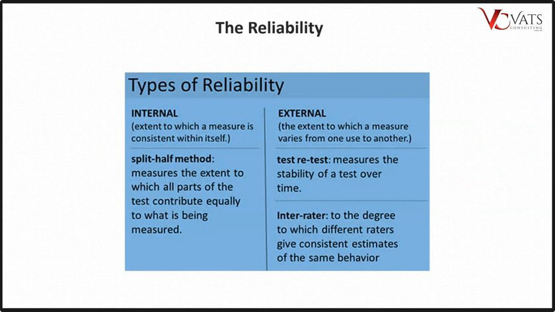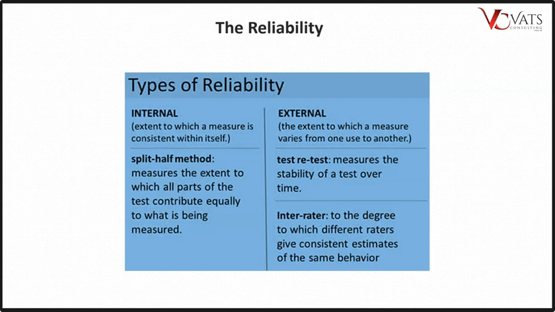There can be many types of reliability, but that is for psychology purposes. As an HR professional, you need not go into this much detail. You can just understand that it can be internal reliability and external. Internal reliability is how much the different parts of a tool, process, scale or test are consistent with themselves.